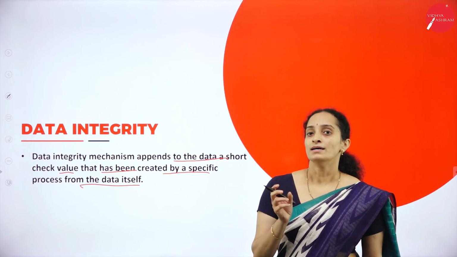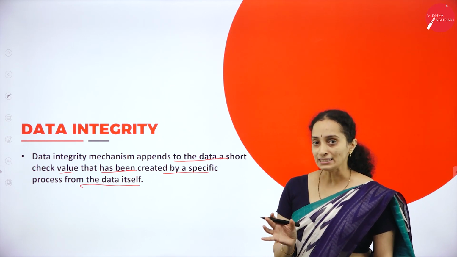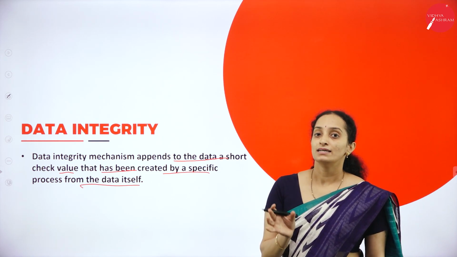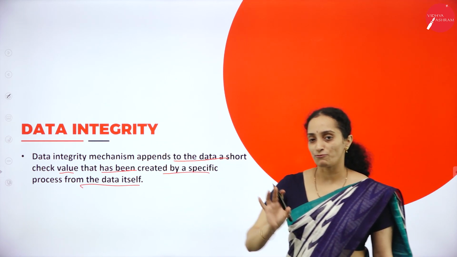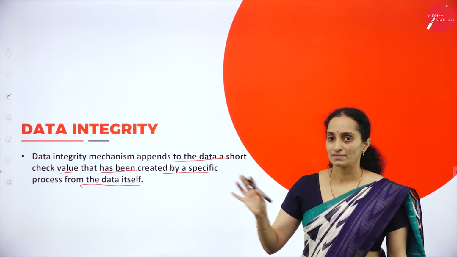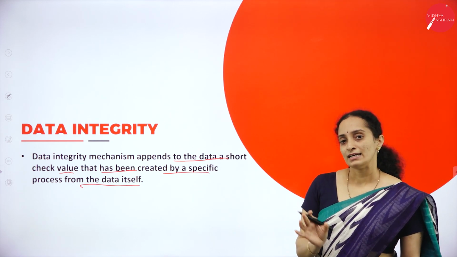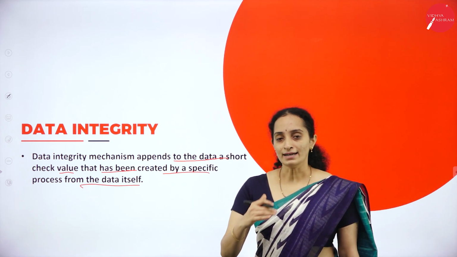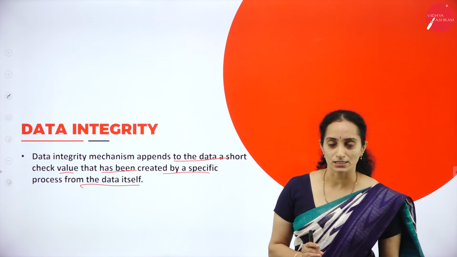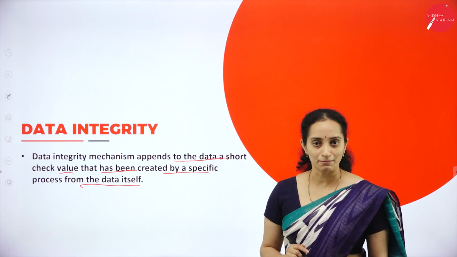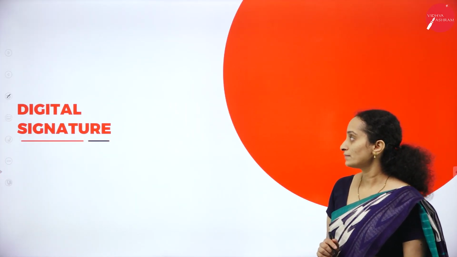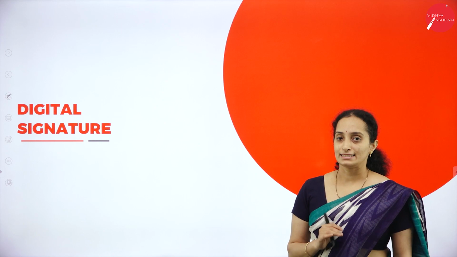When the check values match, then only he can confirm that the data has been received in the same form as sent by the sender. Otherwise, the data will be discarded and a request will be sent back to the sender to repeatedly send the same data.